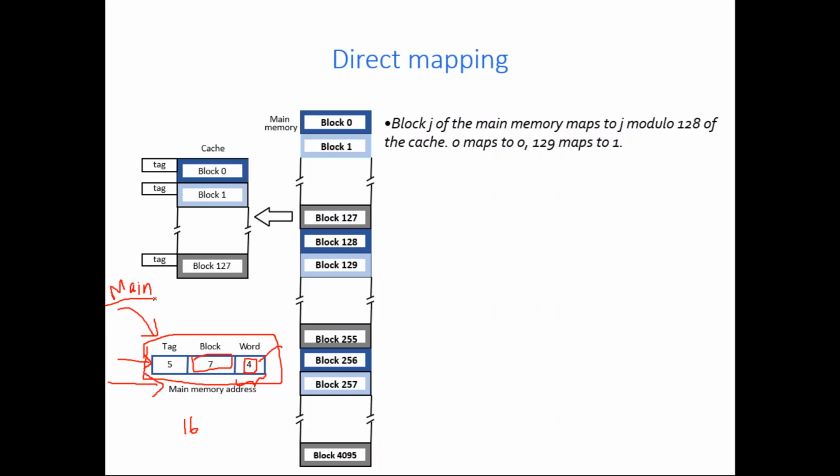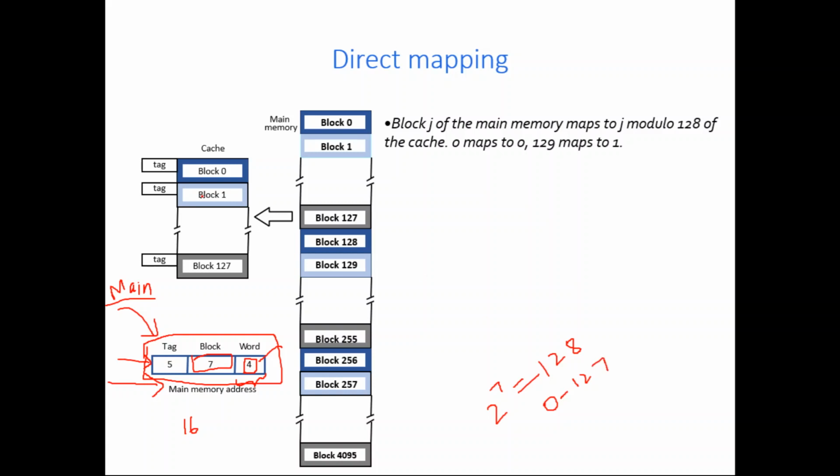Now this block number uses 7 bits. How many locations can be addressed using 7 bits? It is 2 to the power 7, which is 128 locations. These things we have discussed, right? So 0 to 127 locations can be addressed.